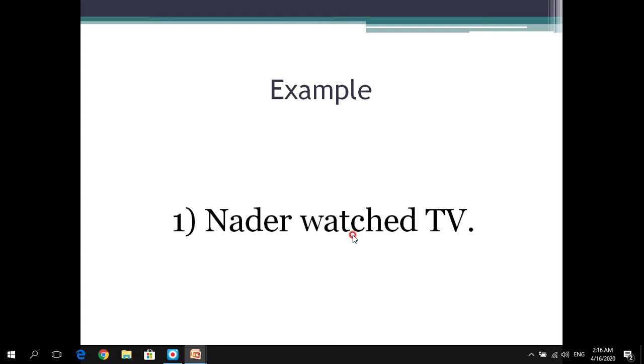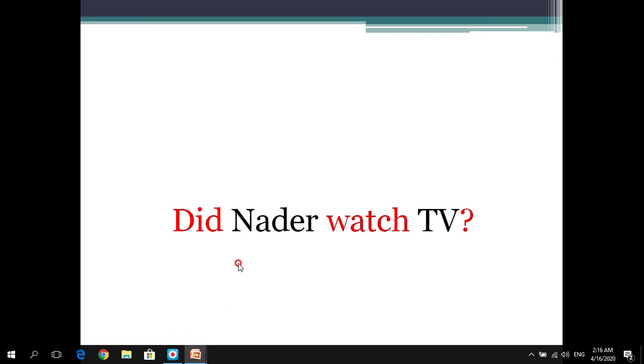Then the verb, but be careful, the verb here is in infinitive, like the negative form. After didn't, we have infinitive. And also in question form, we have to put the verb in infinitive form. So the question will be, did Nader watch TV? And the question mark at the end. Did Nader watch TV?